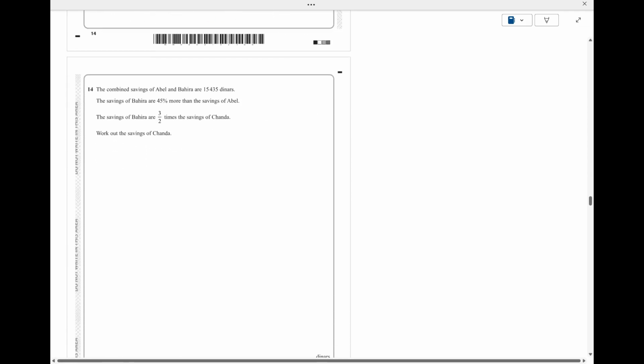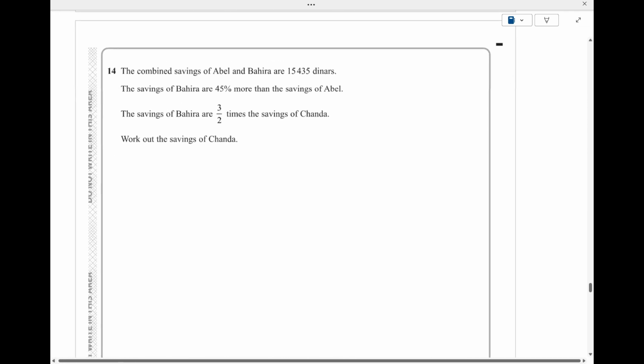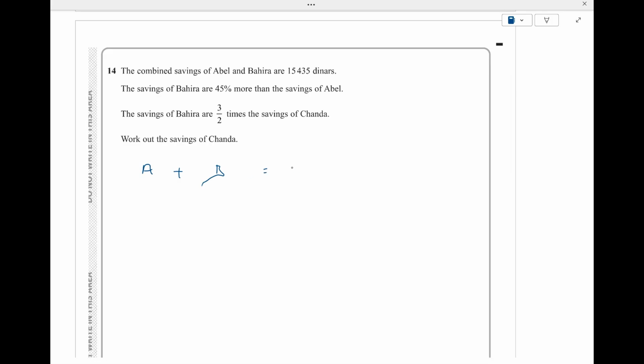Moving on to 14. The combined savings of A and B, 15435. The savings of B are 45% more than the savings of A. Well, we need to work out how many dinar A and B both saved, I think.